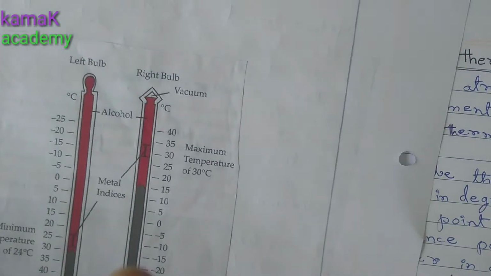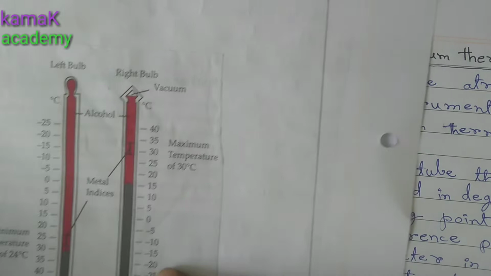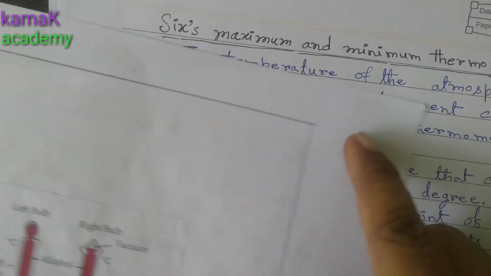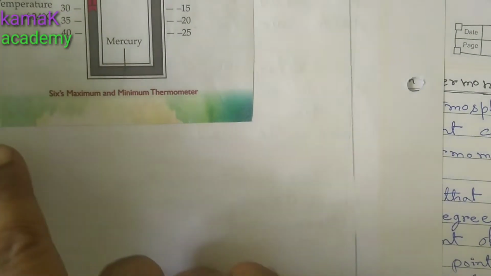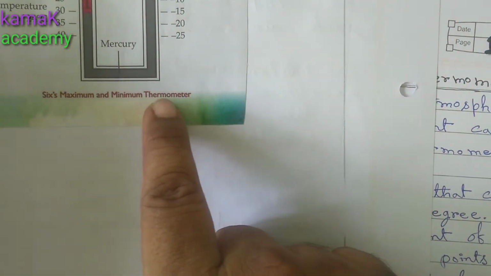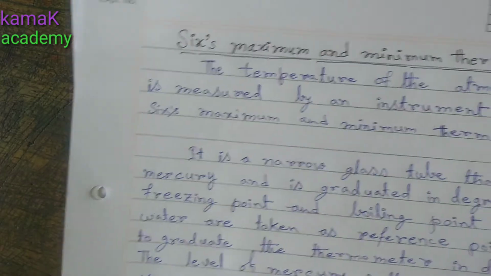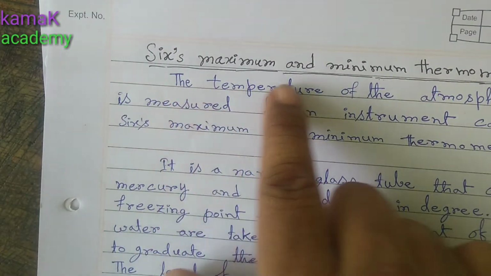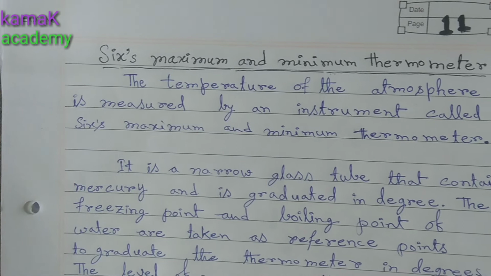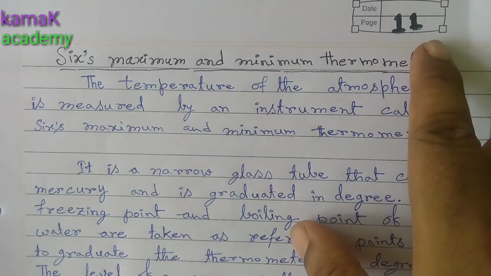This is a white sheet diagram and the ruling sheet, same topic. This is the diagram of Six's maximum and minimum thermometer. Here the topic is the same, Six's maximum and minimum thermometer, page number 11.